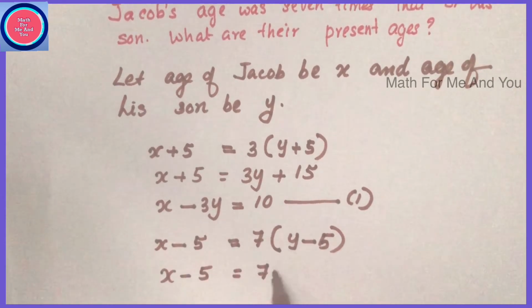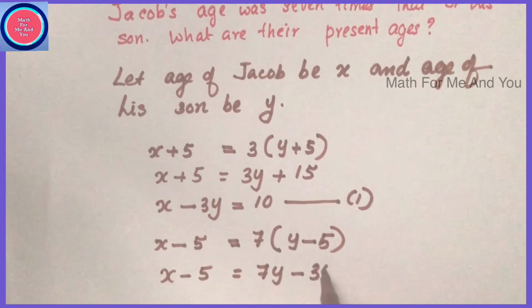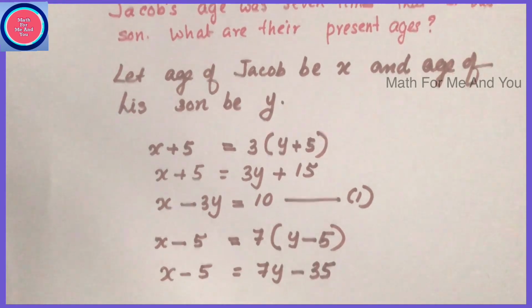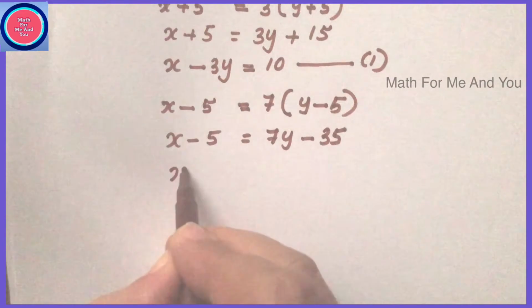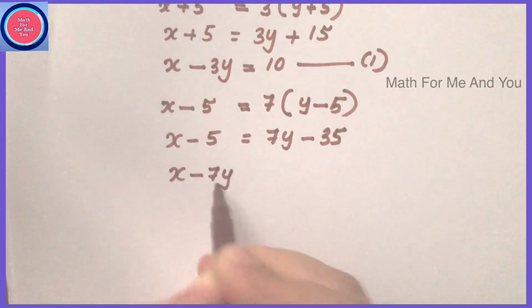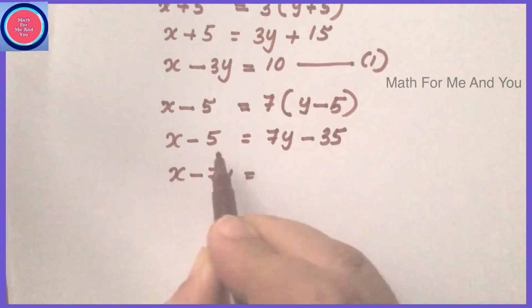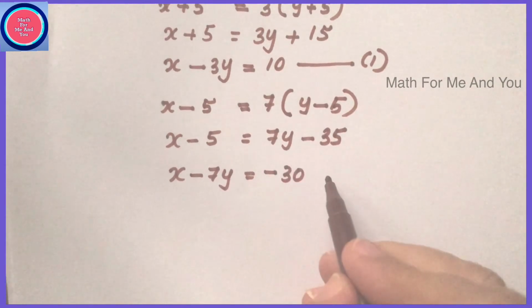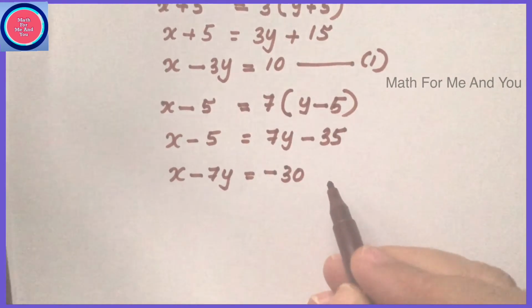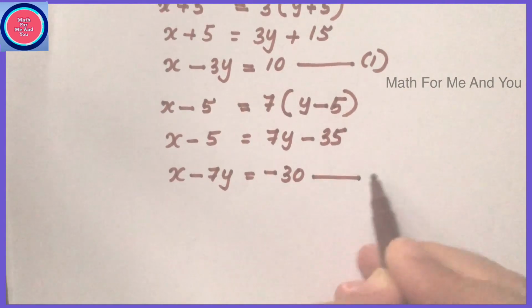And now we can remove the bracket. 7y minus 35 we get on the right side. In the next step, we keep the variables in same side. So we can move 7y to the left side, becomes minus 7y. And the numbers together, minus 35 plus 5 becomes minus 30. So we get this as equation number 2.